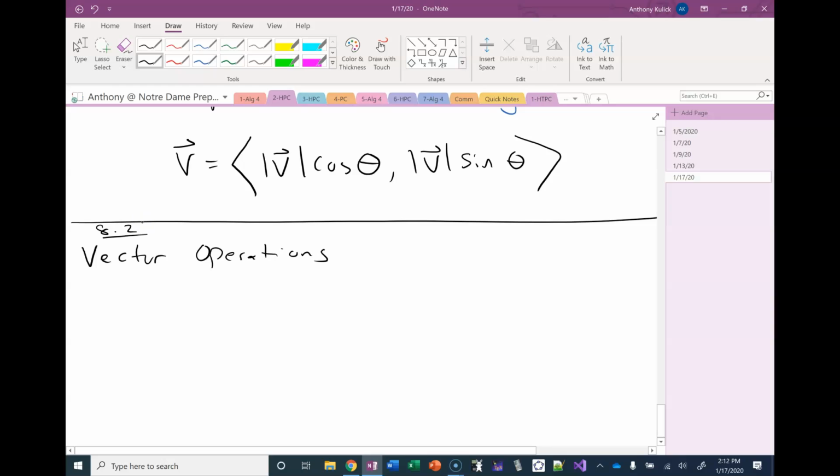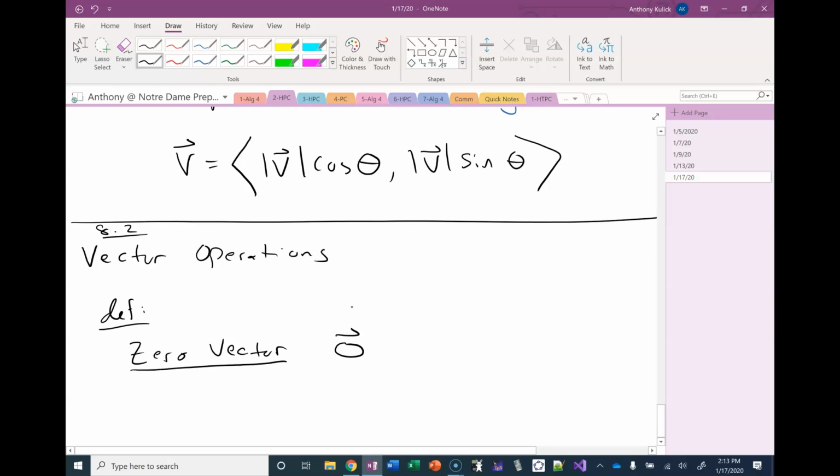Next thing up is vector operations. So important, I have to define one special vector. That's called the 0 vector.